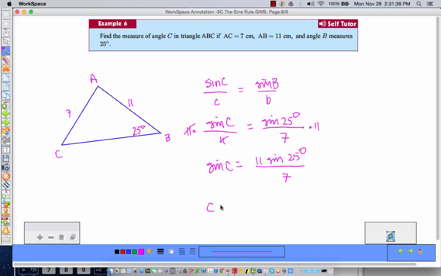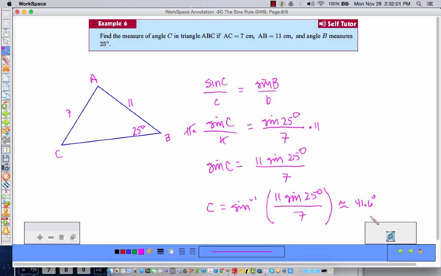And then C is going to be equal to the arc sine of 11 sine 25 degrees over 7. And I know you know how to do that on the calculator, so I'm not going to waste our time doing that. And I'm going to tell you that that is approximately equal to 41.6 degrees.